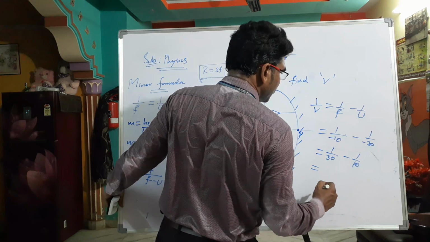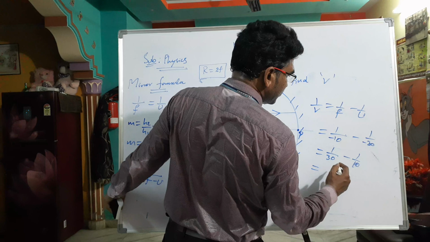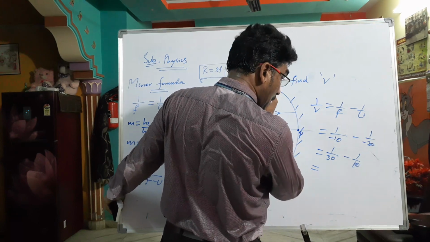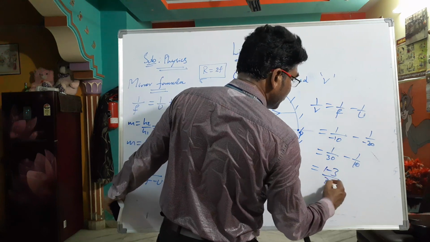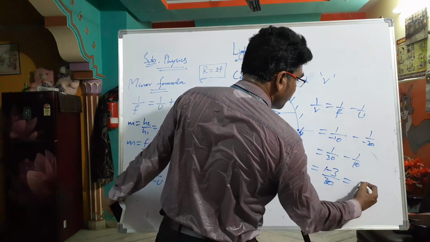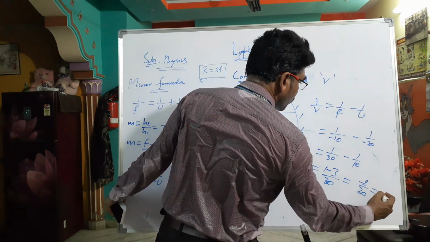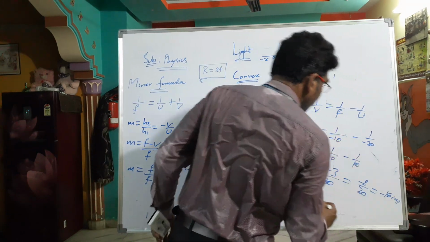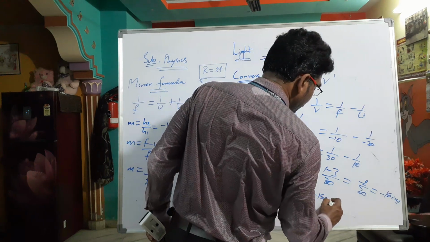Then the LCM is going to be 30, so it is 1 minus 3 by 30, then minus 2 by 30, then minus 15 centimeters. So the V value is going to be minus 15 centimeters.